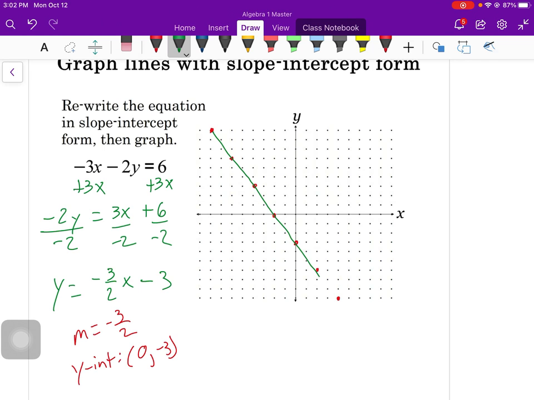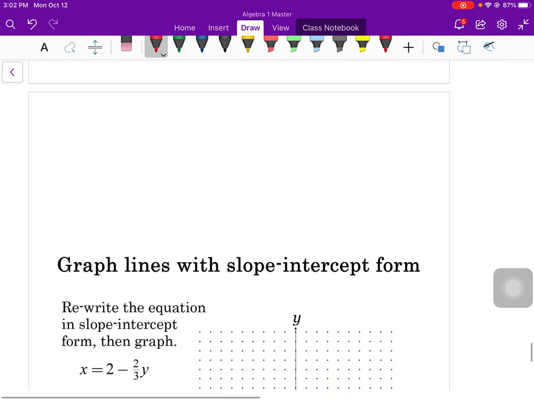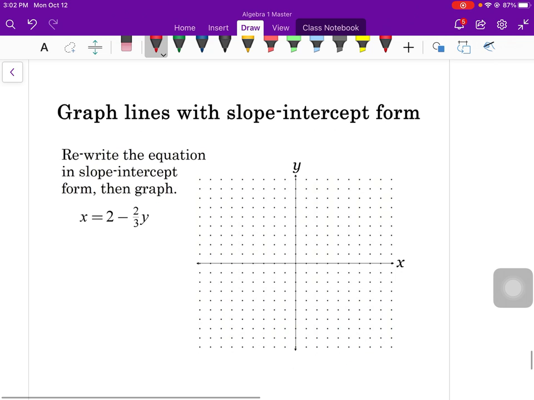The more dots you have, the easier it is to see if you make a mistake in counting. So if I'd gone up 3, left 5 at some point, I could have had a dot all the way over here. Now that's pretty clear to see that, hey, that dot is not in the right spot, so I did something wrong somewhere, because all of these lines need to be perfectly straight.